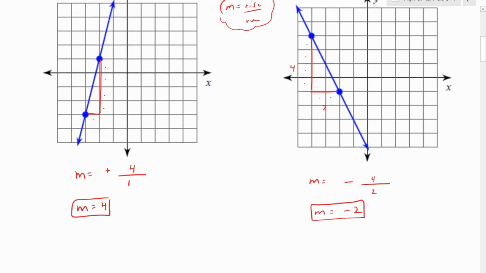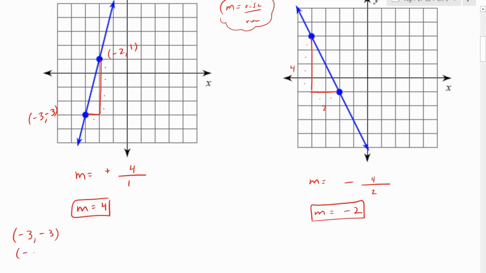Okay, but just practicing using the slope formula, with the 2 points in here, it's -3, -3. Excuse me. So there's -3, -3. This is the point -2, 1. So if I use those 2 points, I've got a first point, second point.